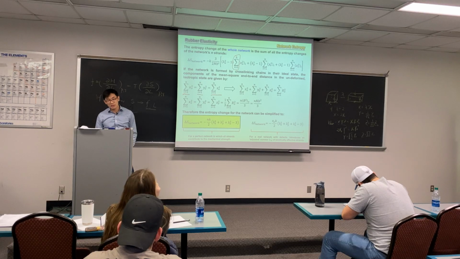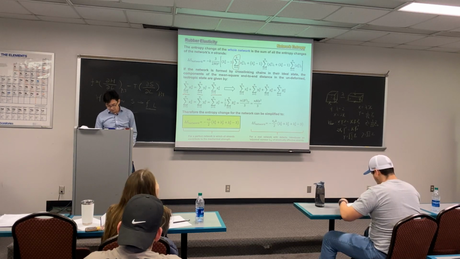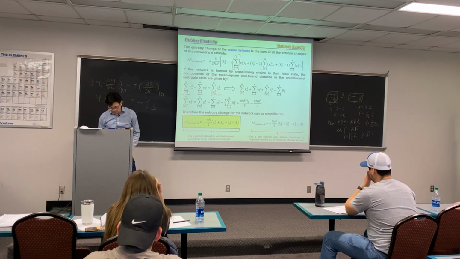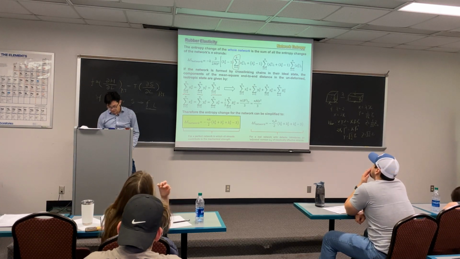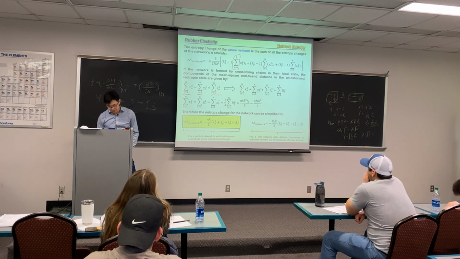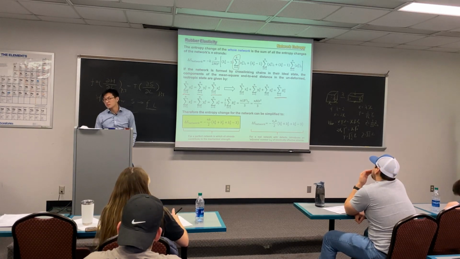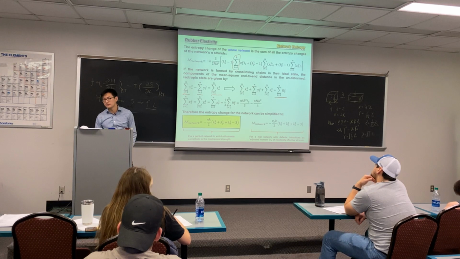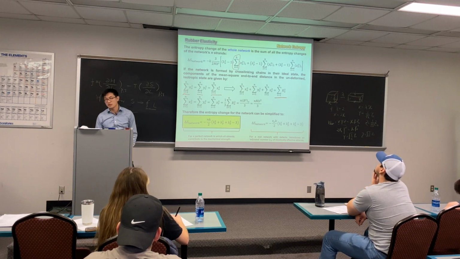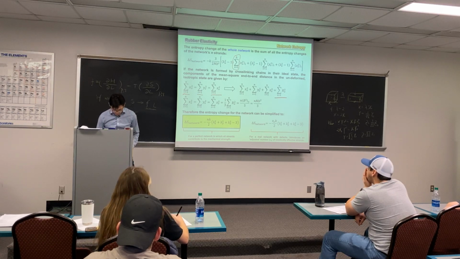Okay? That will allow us to make another simple assumption. If your initial state is isotropic, when you add up x0, y0, and z0, you would get r0 square. That's the end-to-end distance in the initial state. Okay? And we can also assume the following.